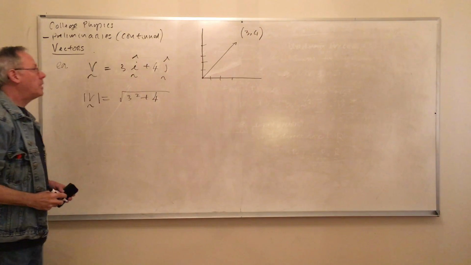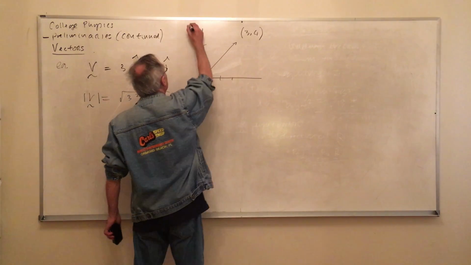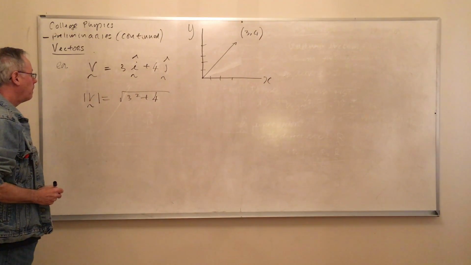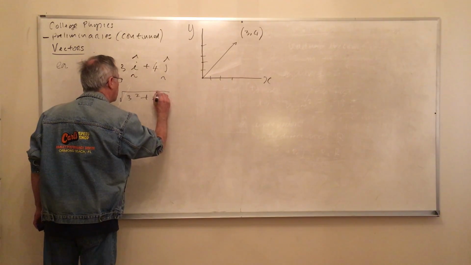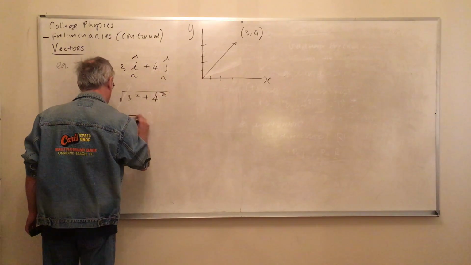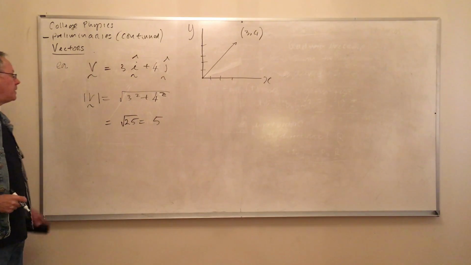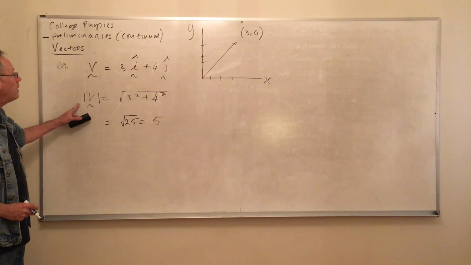This vector originates on the origin and ends up at the point 3, 4 if it was a Cartesian space in y and x. So 3 squared plus 4 squared, square rooted, gives me a magnitude of 5 for this vector. The magnitude of this vector is 5 units, wherever they might be, it doesn't matter.